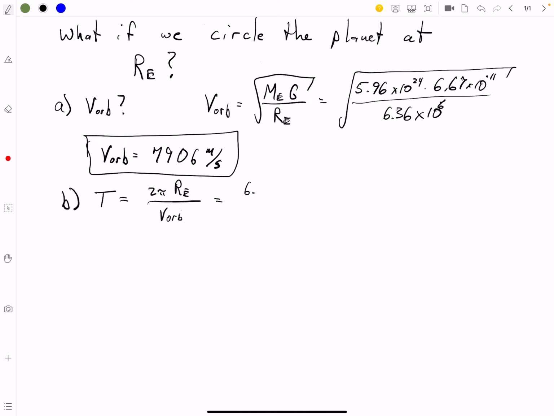So we've got 6.283 times the radius of the Earth, which is 6.36 times 10 to the 6 in meters. And we're going to divide that by the velocity of the orb, which is 7906. And that's going to give us seconds. So T in seconds.